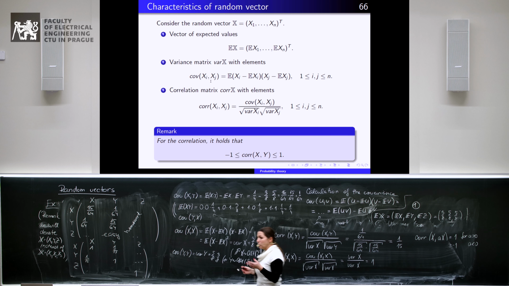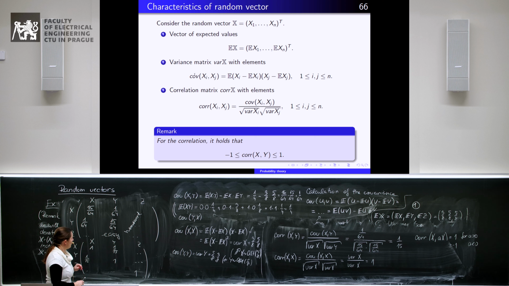But in fact, the absolute value equal to 1 for the correlation means that the dependence is linear, and the linear dependence is considered to be the strongest dependence. Then it is very difficult to say what it means that the correlation is equal to 0.7 or 0.5. So you need more experience to work with this correlation in order to feel the meaning. But the truth is that when the correlation is close to 1 or to -1, the random variables are very strongly dependent.